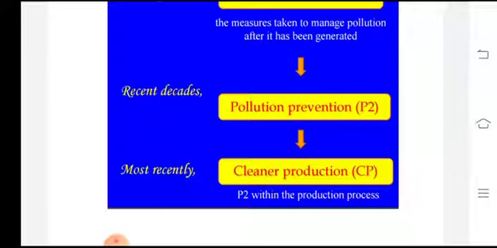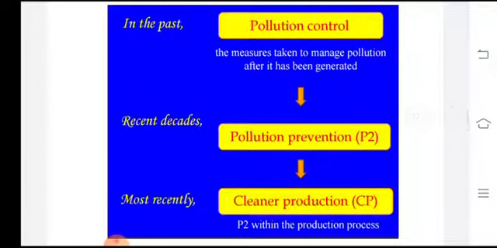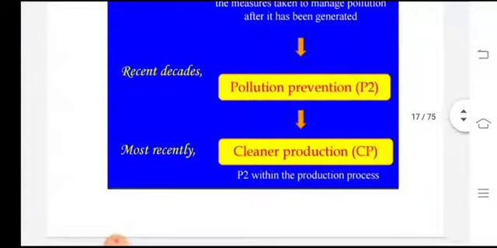Initially, we treated the effluent coming from the industry in its original form, and then after treatment we disposed of it. But the negative thing was that a huge amount of contaminant was there. Then we adopted the pollution prevention approach, in which we adopt those technologies with the help of which the end product of the treatment is much less polluted.